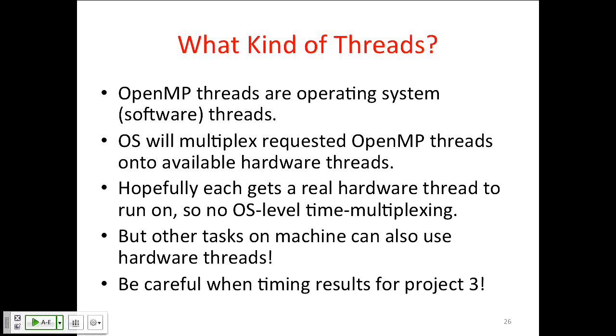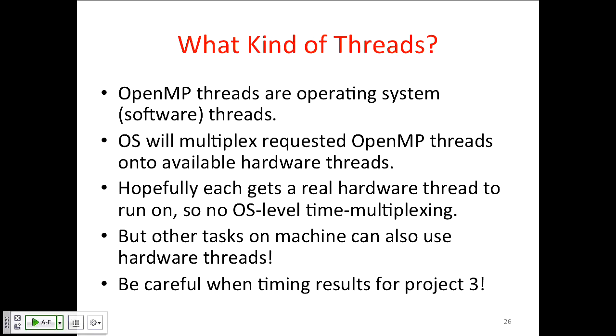The thing to realize is that the OpenMP program is just a user-level program running on top of an operating system. Those threads it creates are just requests to the operating system for an independent thread. The operating system then decides, based on how many threads you want, how many threads somebody else running on the machine wants, or what other operating system tasks are running, how many cores you actually get and how many threads on each core.